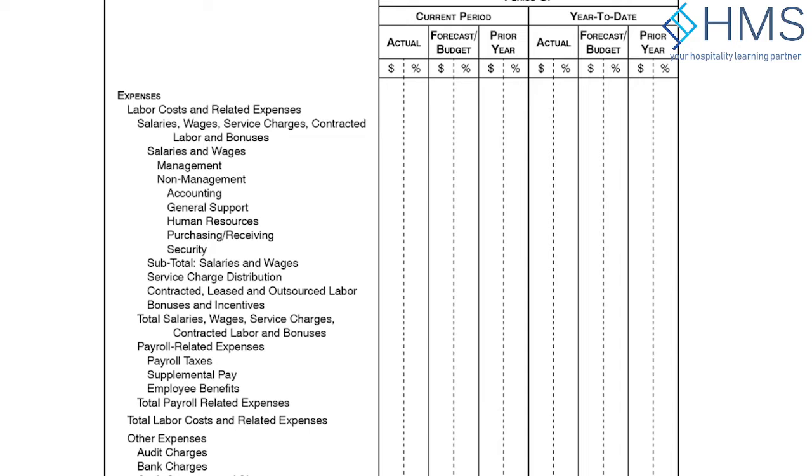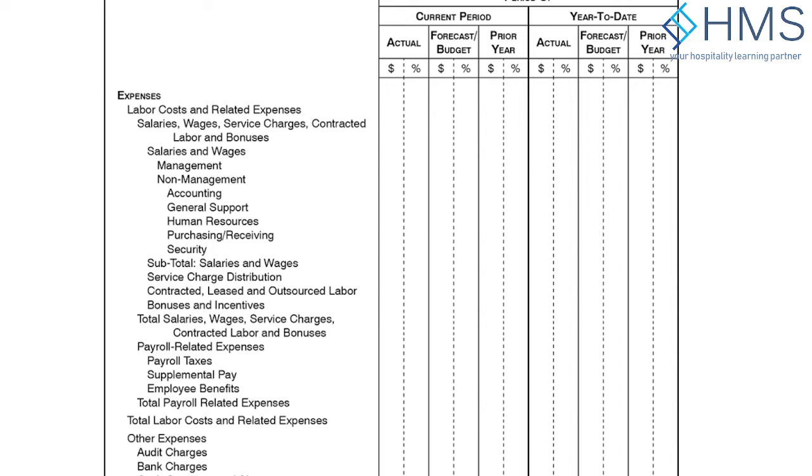Hence in hospitality we don't attempt to allocate the cost of support functions, which are administrative and general, sales and marketing, maintenance, and IT, to operating departments, which we have already seen, the rooms division, F&B division, and other operating departments in our previous three modules.